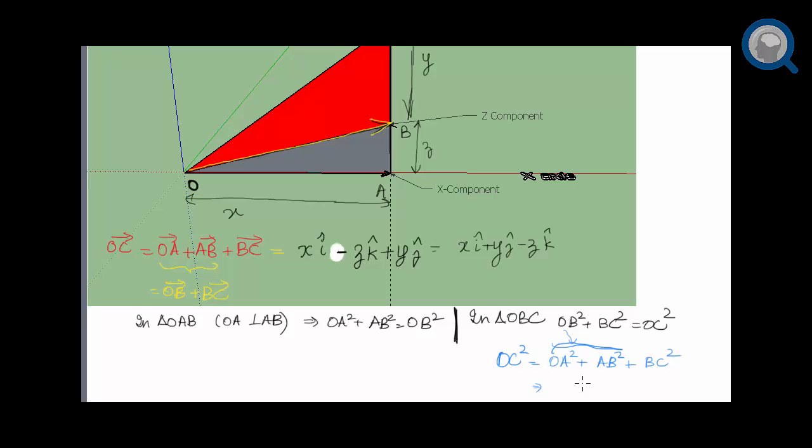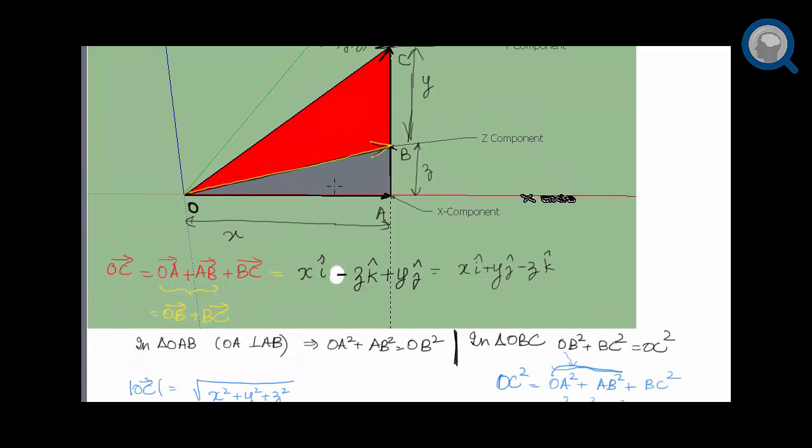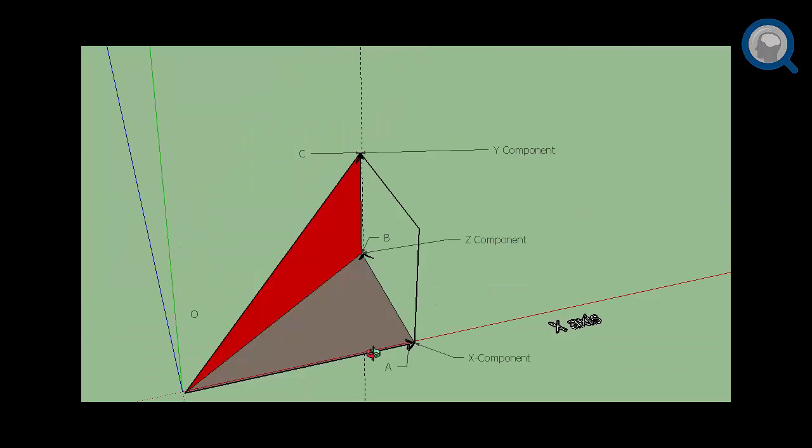So OC square is x square plus y square plus z square, or in other words the magnitude of the OC vector is the square root of x square plus y square plus z square. So that concludes how we can find the length of the position vector of a point which has coordinates x, y, z, and how we can imagine this in 3D.